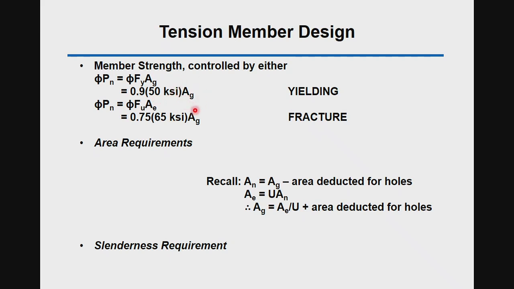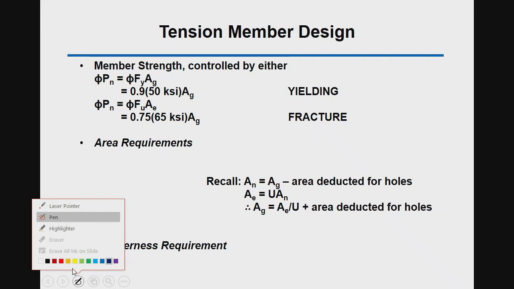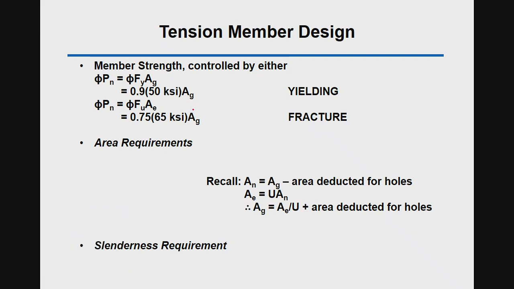And then phi Pn based on fracture is 0.75 times Fu, which is 65 ksi, times, sorry, this should be Ae. Okay.